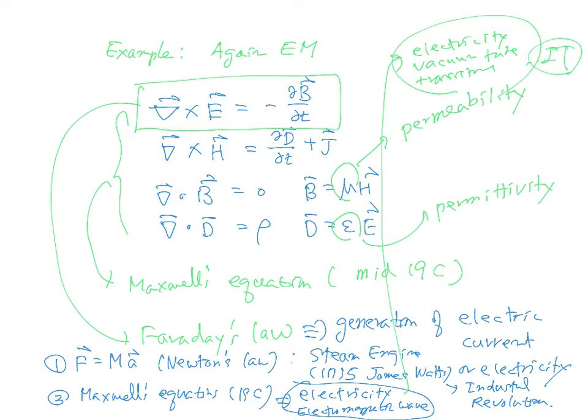Everything started from the 19th century; modern IT technology is based on this whole vector differential equation. And so that's why you are learning vector analysis. It's very important, a cornerstone of modern technology.